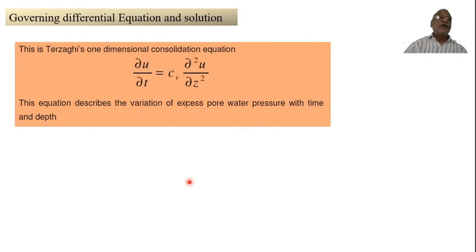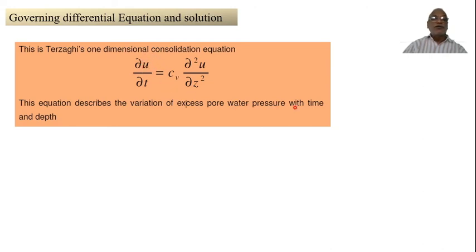Okay, governing differential equation. We don't have the proof; your syllabus scope is defining only the equation. This is Terzaghi's one-dimensional consolidation equation. Dou u by dou t is equal to Cv into dou squared u by dou z squared. This describes the variation of excess pore water pressure. See, this u is representing excess pore water pressure, right?